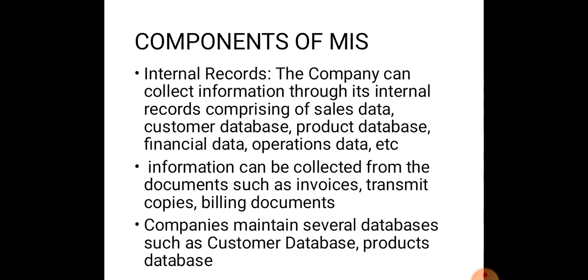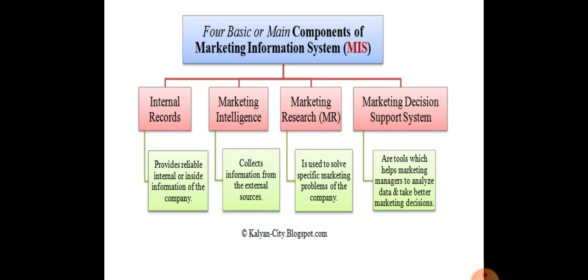Companies maintain several databases such as customer databases, product databases, etc. So internal records are company-related records like sales data, customer data, product data, financial and operations data. There are many types of data which we collect in the organization that are internal in nature, within the organization.